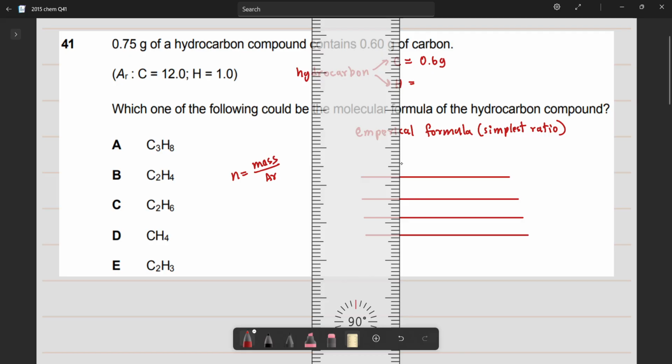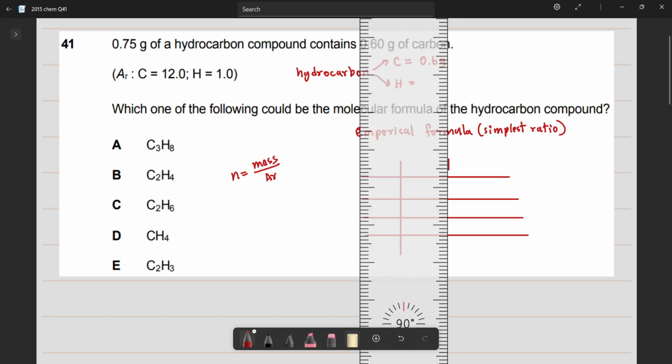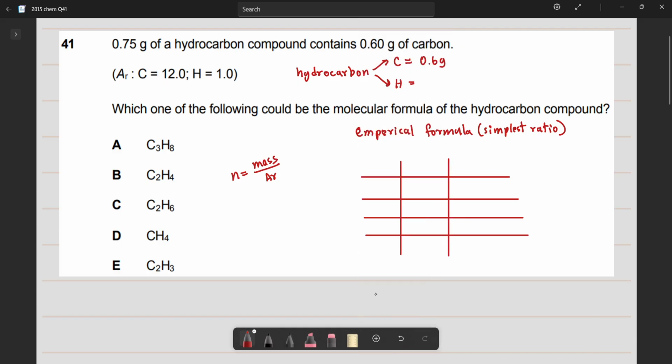So drawing the columns for the separate elements, carbon and hydrogen, we'll have the mass, the atomic mass, the moles, and the simplest ratio.